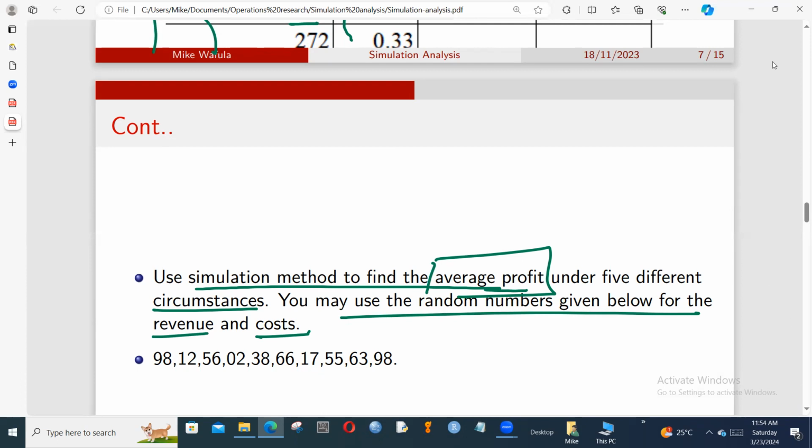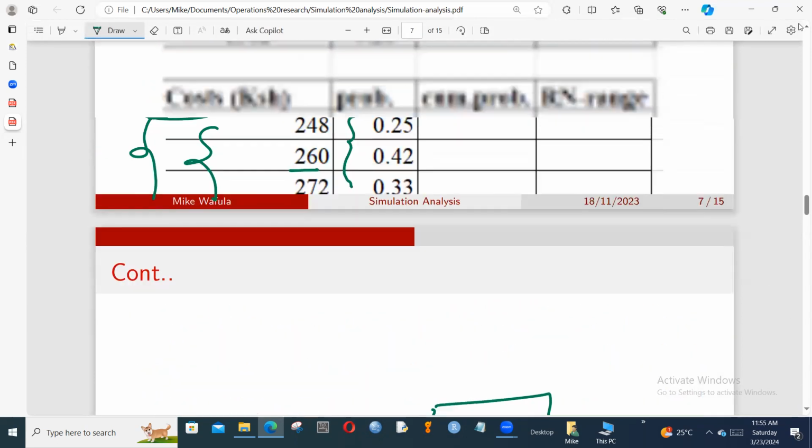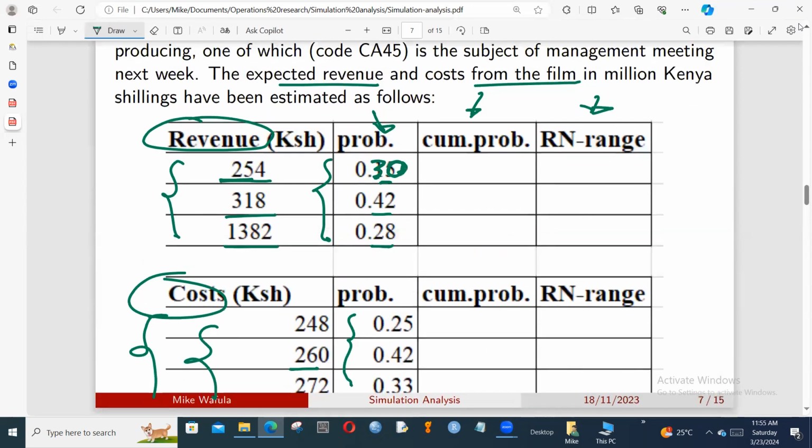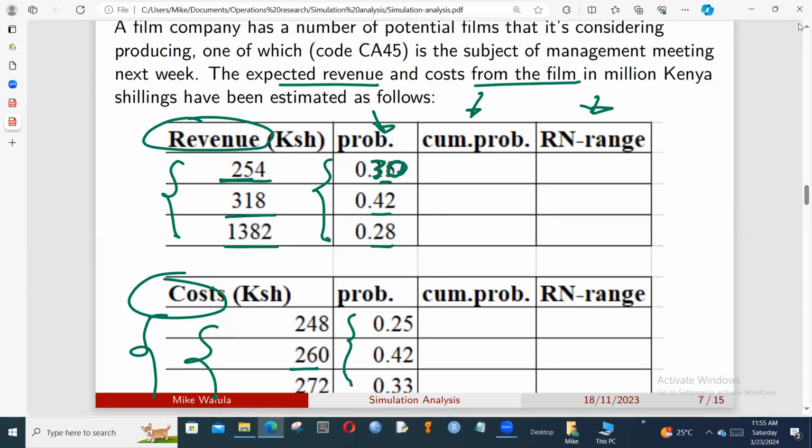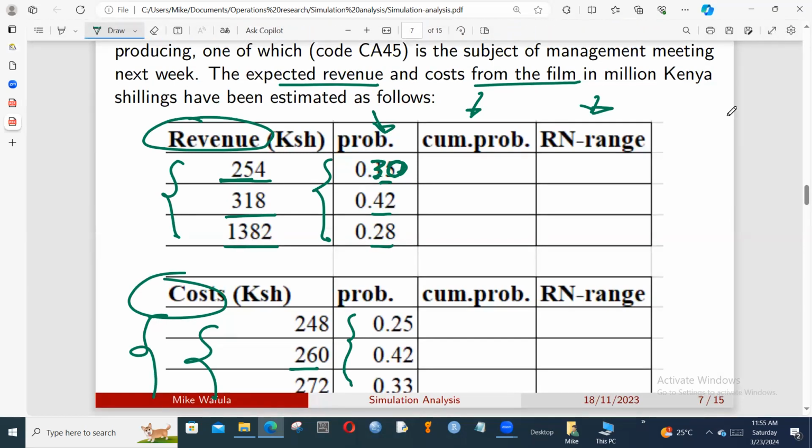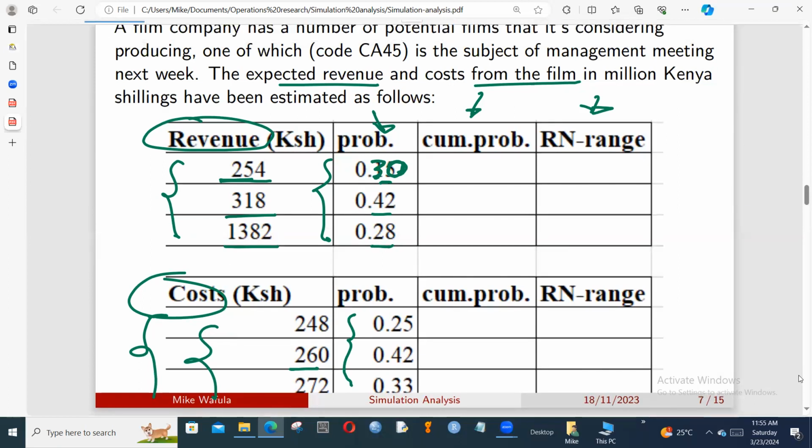Now, if you have revenue and you have costs, then you all agree with me that the profit will just be revenue minus cost. But then how do we go about this? So the first thing we need to do is let's get the cumulative probabilities for each of the variables, revenue and cost. Let's calculate first of all the random number range for revenue and cost.